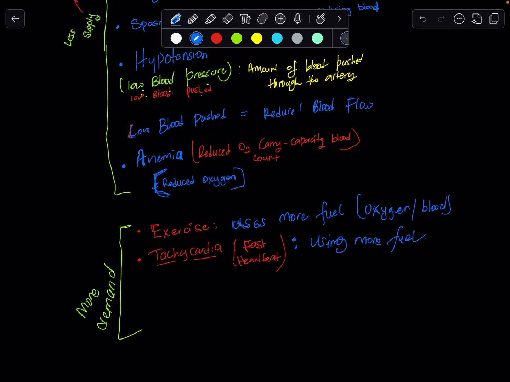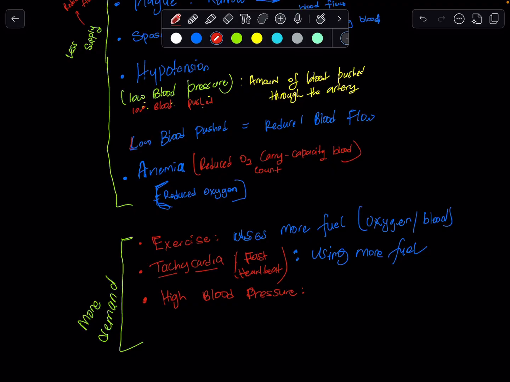And then high blood pressure. Let me rephrase this. I'm going to say hypertension. So that's high blood pressure. Remember we talked about low blood pressure, and we said low blood pressure is low blood push, right? High blood pressure is high blood push. You're pushing out way more blood than you have.